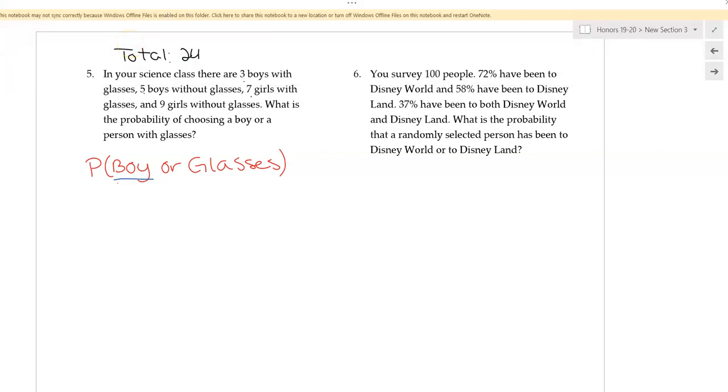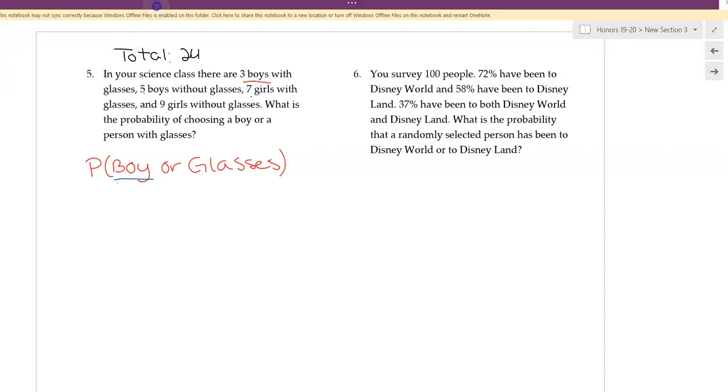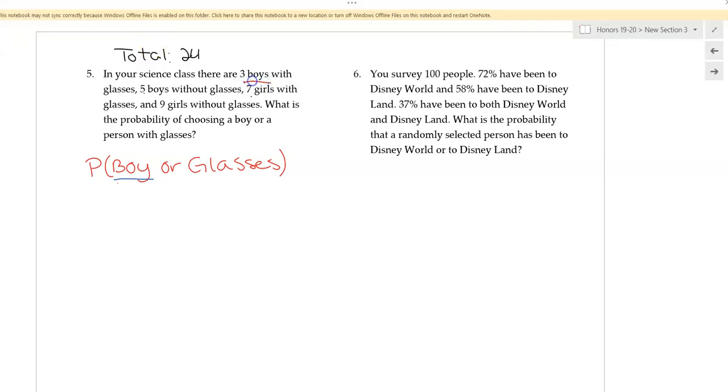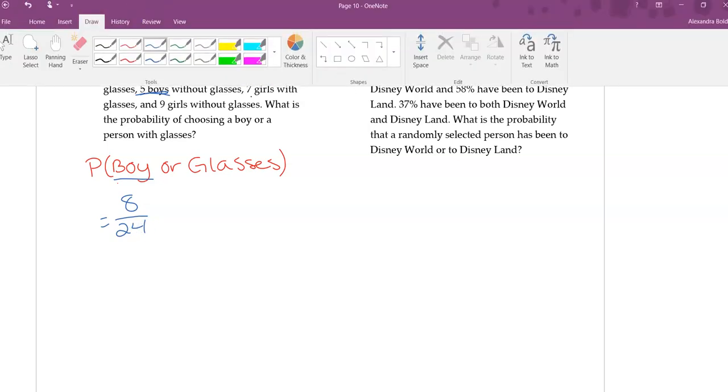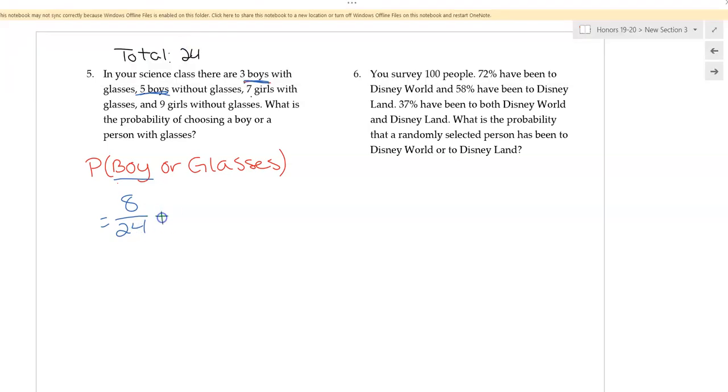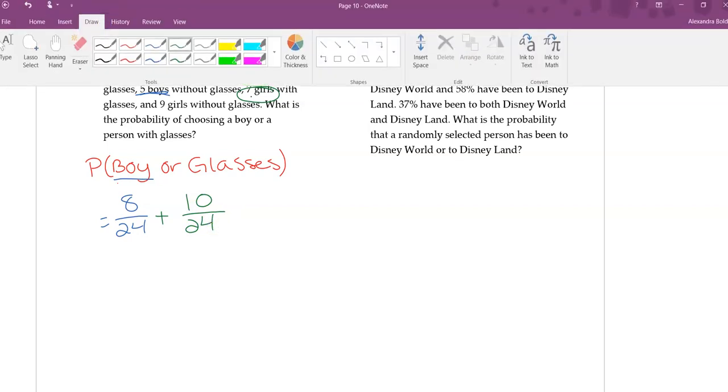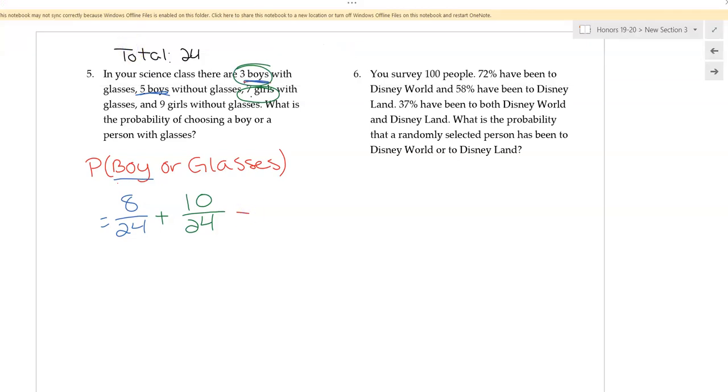So the probability of boy, how many boys do I have? Well, I have 3 boys, sorry, blue, 3 boys here, 5 boys here. So the probability of boy is there's 8 out of 24 boys. Plus the probability of glasses. Well, these 3 boys have glasses, and these 7 girls have glasses. So there's 10 people with glasses out of the 24. Minus our and, right?